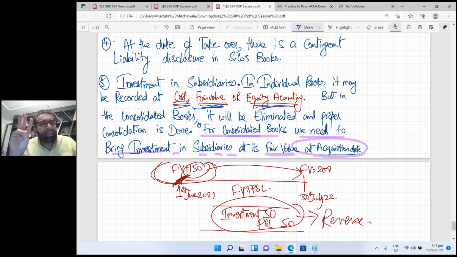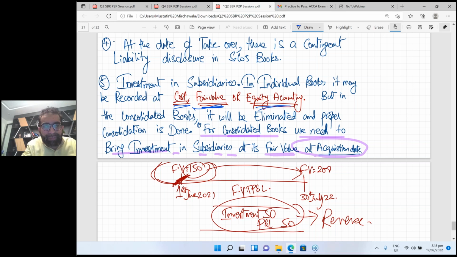These three, you can opt for one policy, right? But in the consolidated books, we cancel out this investment, and we do complete consolidation accounting, adding together, okay?